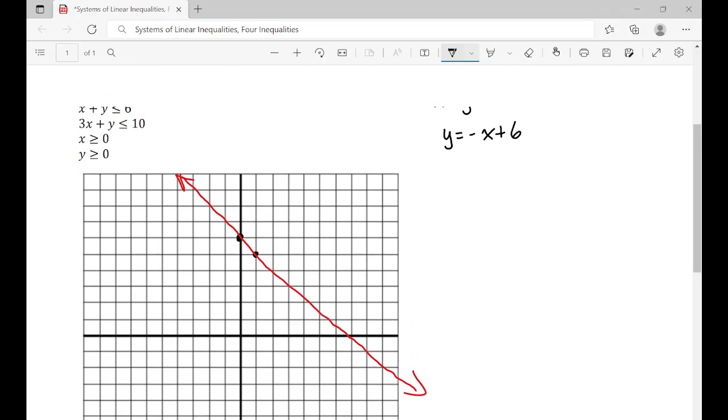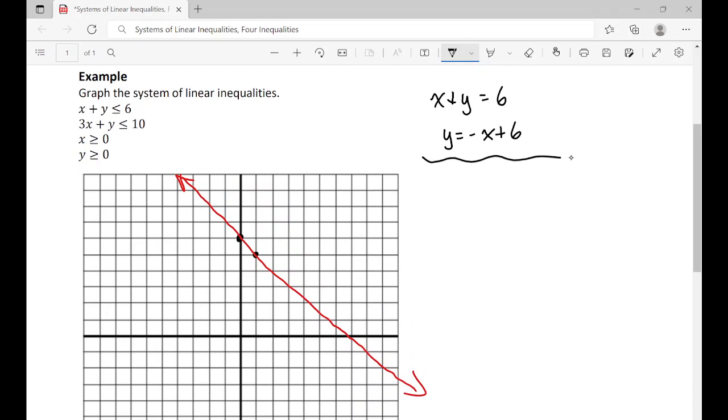Now I'm going to go back and do the next one. 3x plus y is less than or equal to 10, so 3x plus y is equal to 10. Subtract the 3x over, and I get y equals negative 3x plus 10.